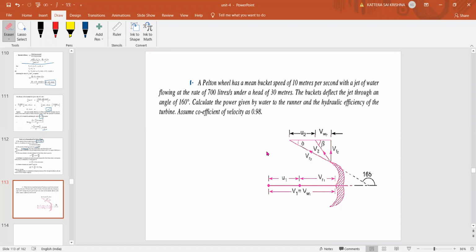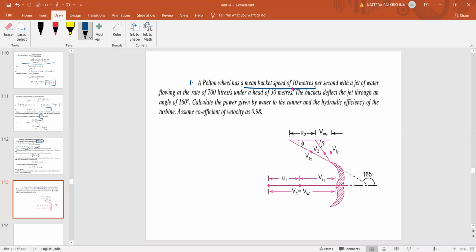A Pelton wheel has a mean bucket speed of 10 meters per second. Can anyone tell what is given here? Nothing but the blade speed is given.